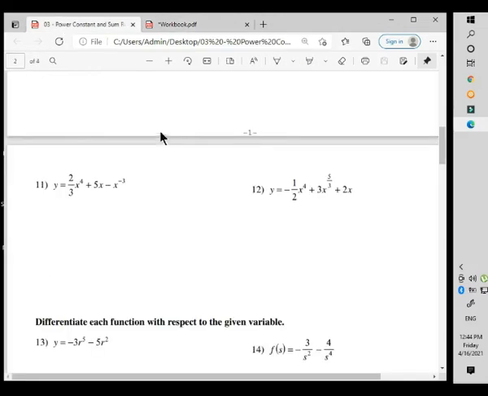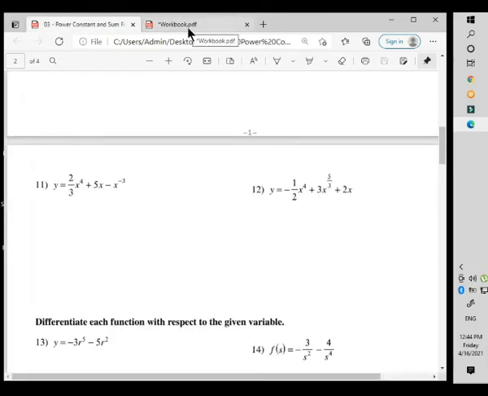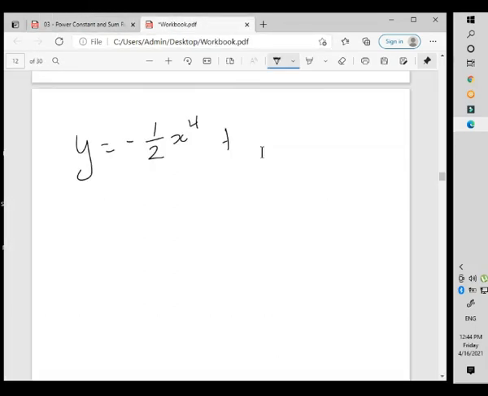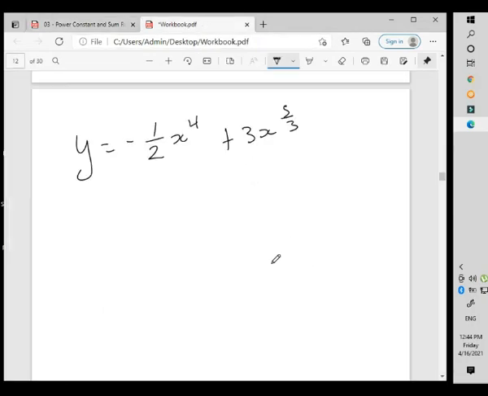Alright, some long questions. Number 12, y is equal to minus a half x to the 4th plus 3x to the 5 over 3, and at the back there is plus 2x.